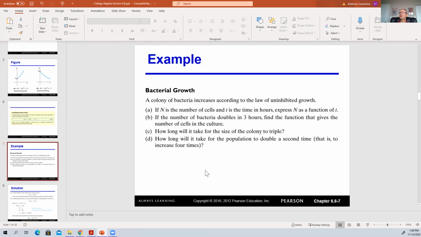But if N is the number of cells and t is the time in hours, express N as a function of t. So again, just keep these equations handy.